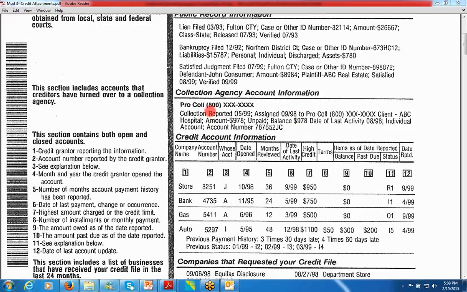It's dragging your score down artificially, probably by 75 to 100 points. So there may be some little collections items out there that you need to get rid of because they're artificially dragging it down. It's just a hurdle keeping you from getting to where you want to go.